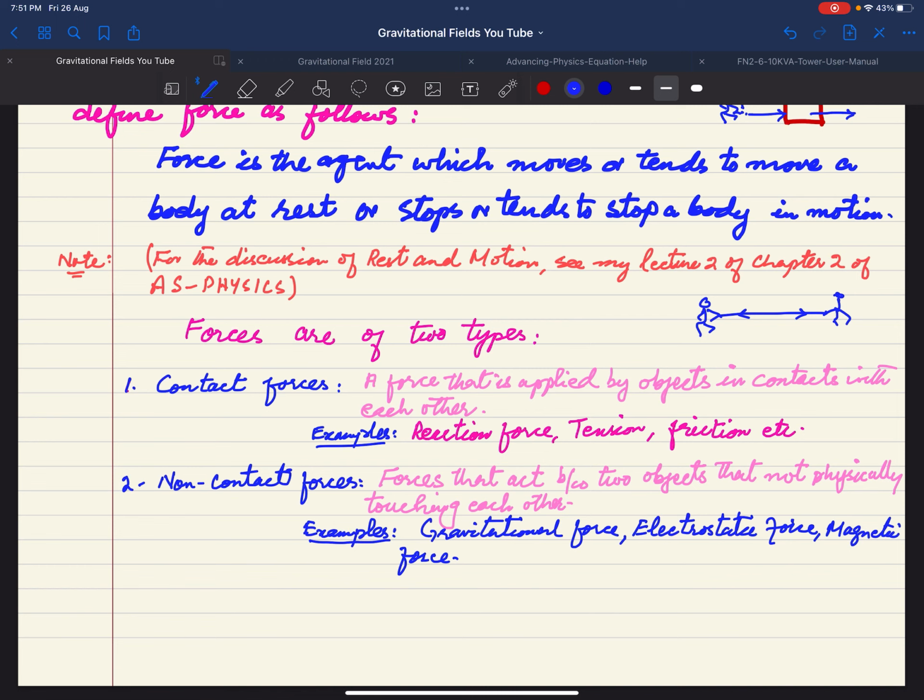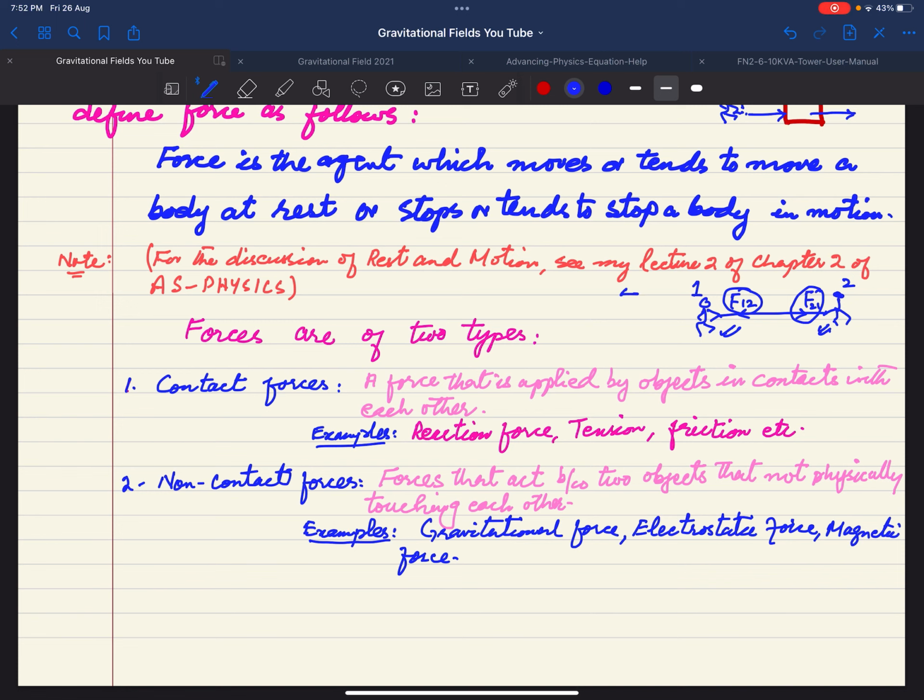The force of person 1 onto person 2 is F12, and the force of person 2 onto person 1 is F21. So F21 is a sort of tension for person 1, and F12 is a sort of tension for person 2.